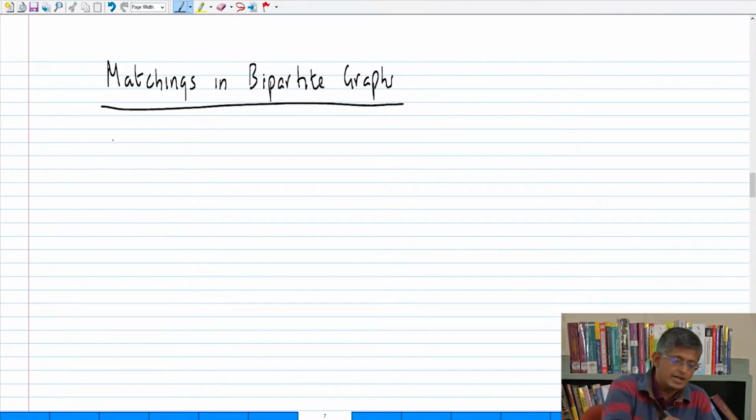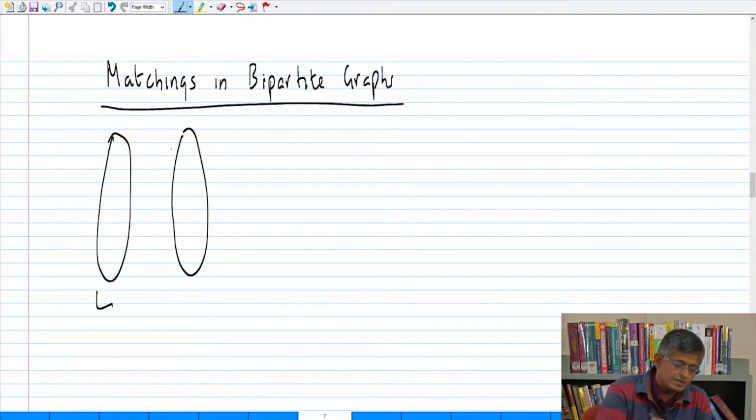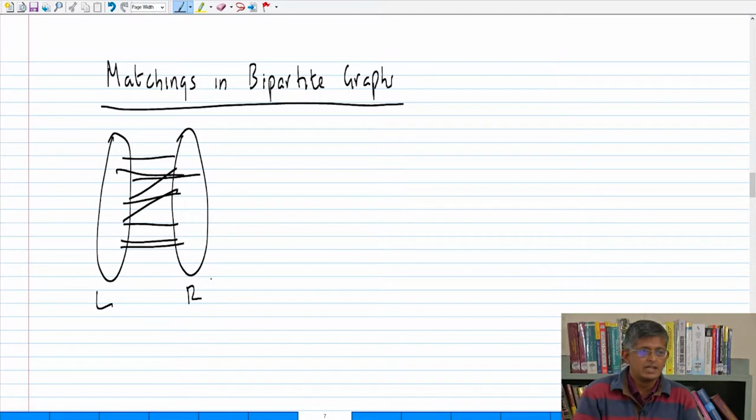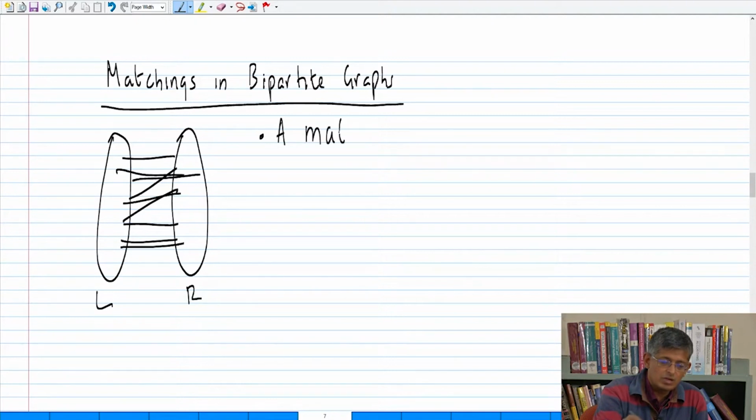So let's recall a bipartite graph. There is a left partition and a right partition, and all the edges are from here. There are no edges inside L and there are no edges inside R. Now we introduce a small terminology.